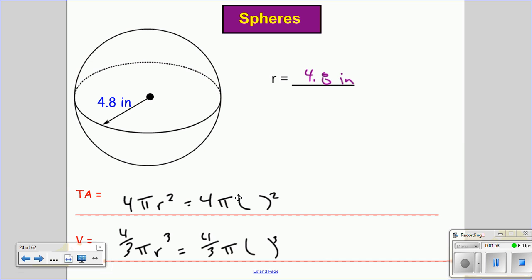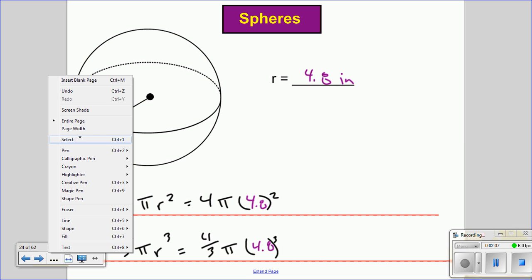Sorry, it's 4.8 inches. Okay, now we grab our calculator. And on this example, I'll show you the exact answer as well as the approximated answer.